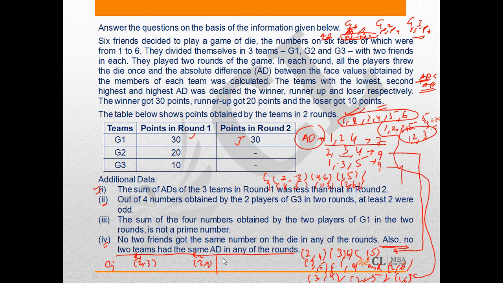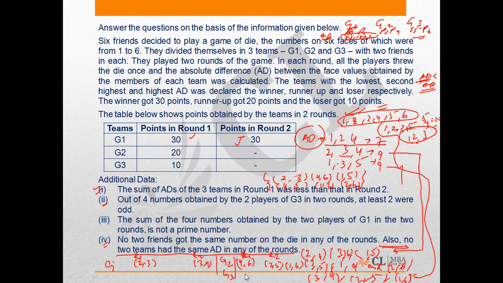Of G2 it will be 4 6 for round 1, and for round 2 it can be either 2 5 or 1 6.